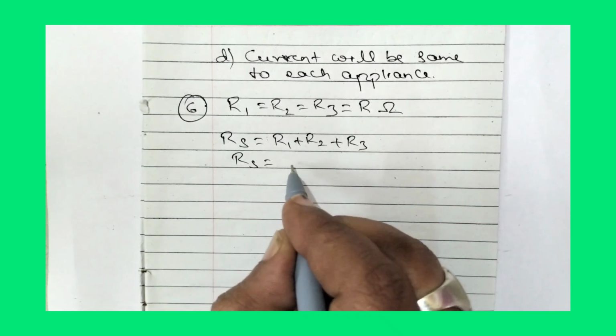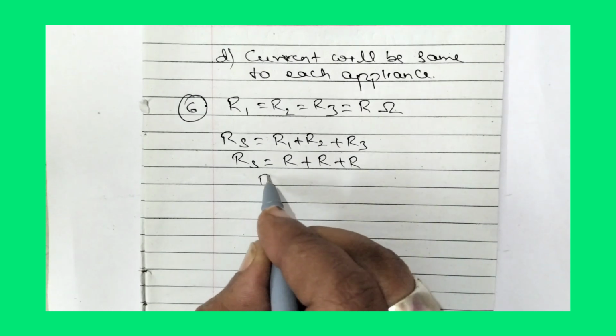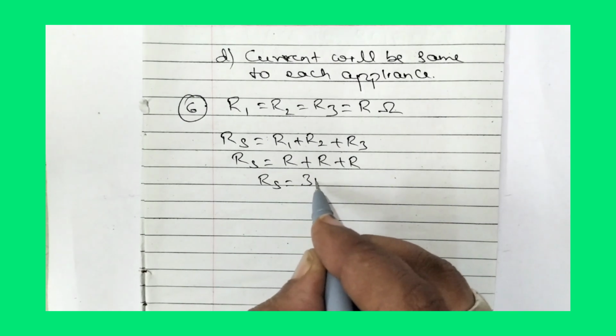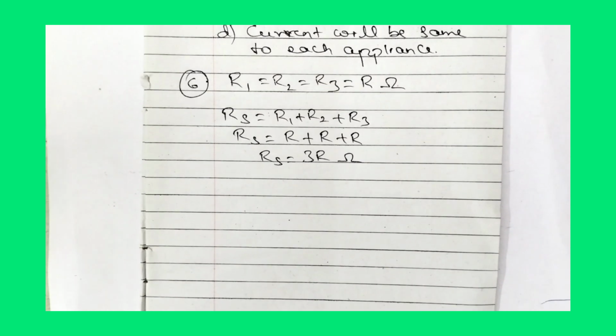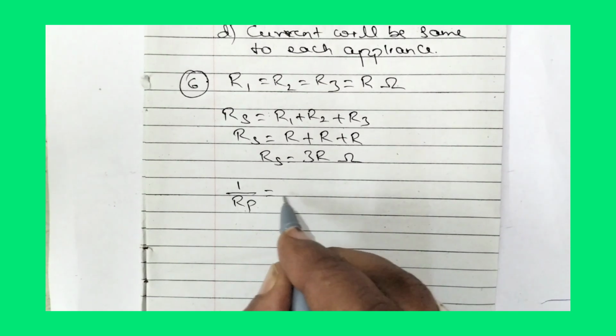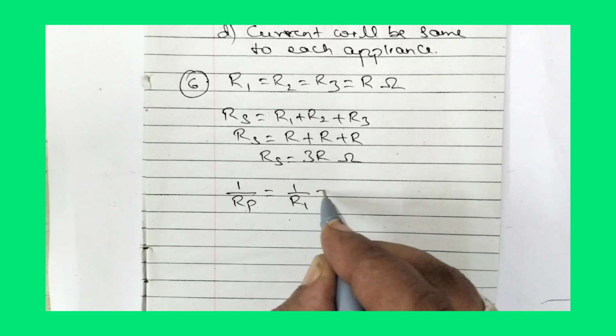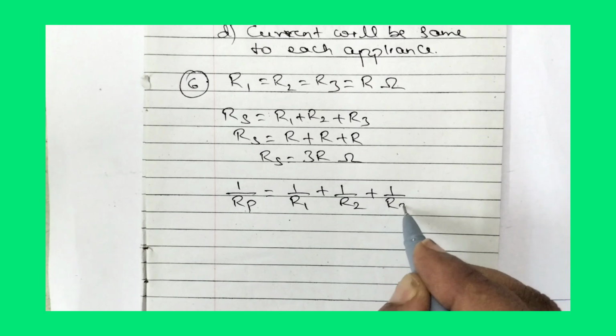So Rs is equal to R plus R plus R, so Rs is equal to 3R ohm. This is when they are connected in series. Now when all three are connected in parallel, 1 over Rp is equal to 1 over R1 plus 1 over R2 plus 1 over R3.